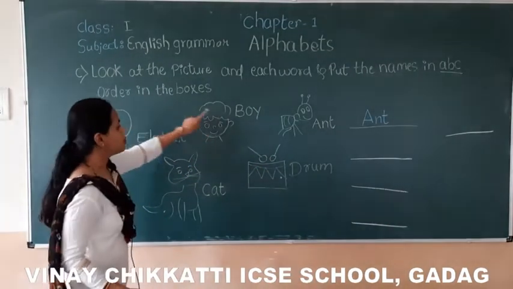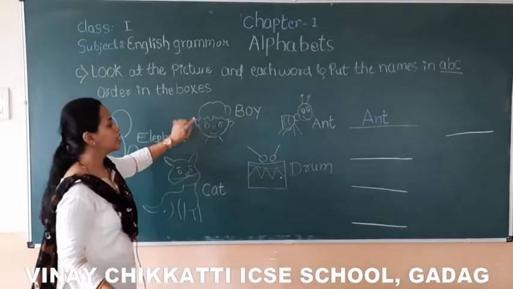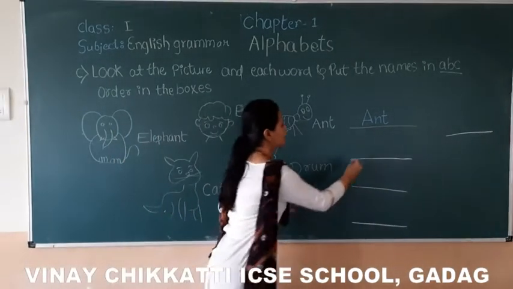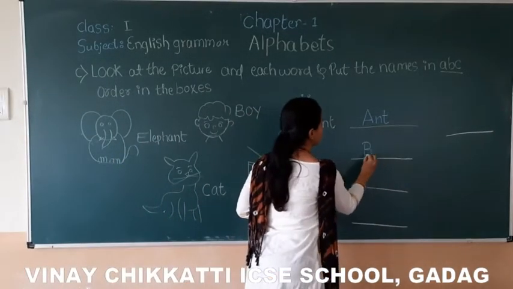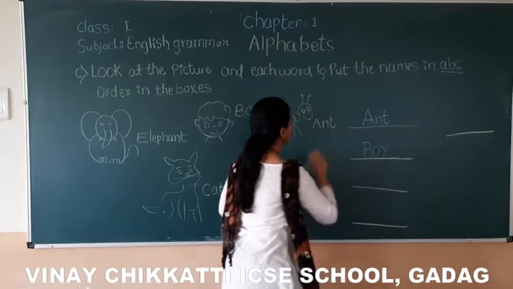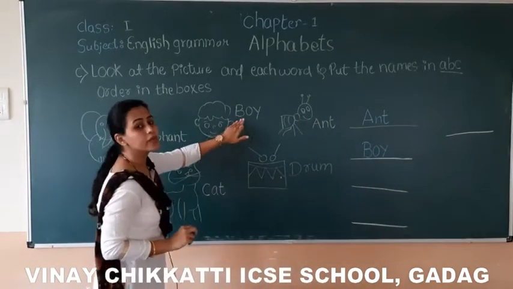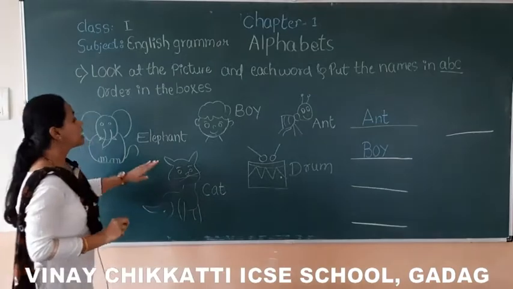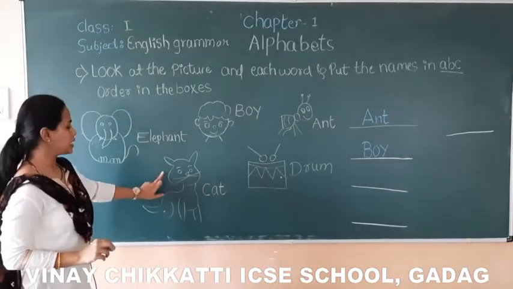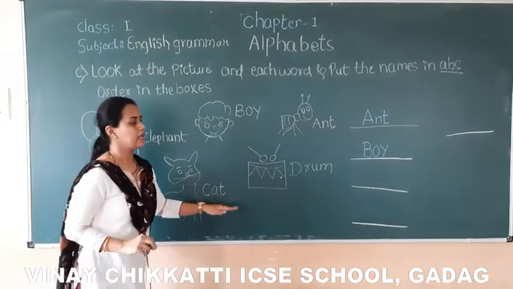Okay, A. Then after A, which will come? B. B for what? Boy. So, B for boy. Okay. Then after B, which one will come? C. C for what? Cat.